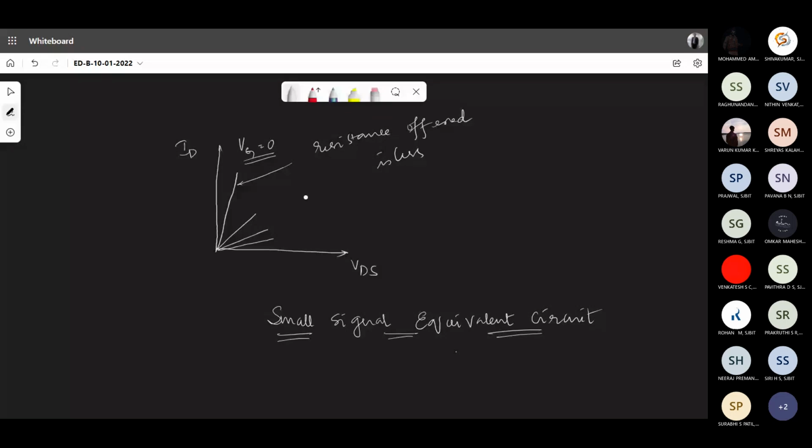If there was no resistance being offered, then with a very small VDS value, you could have got a vertical graph like this. We are not getting that, but we are getting a slope in this fashion, and the slope is very small, and hence the resistance offered is also very small.